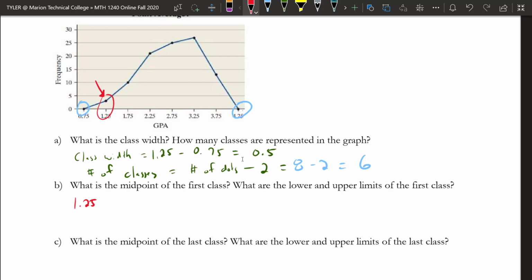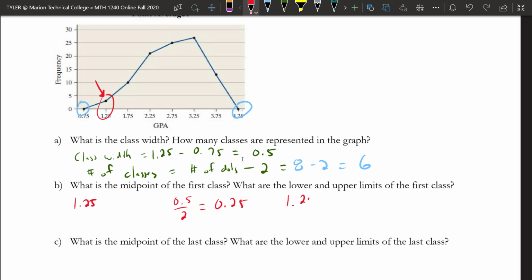And then it says, what are the lower and upper limits of the first class? So what you want to do is take the class width 0.5 and divide it by 2, and that gives me 0.25. In other words, I need to add and subtract 0.25 to 1.25 in order to find these lower and upper limits. We're working backwards.